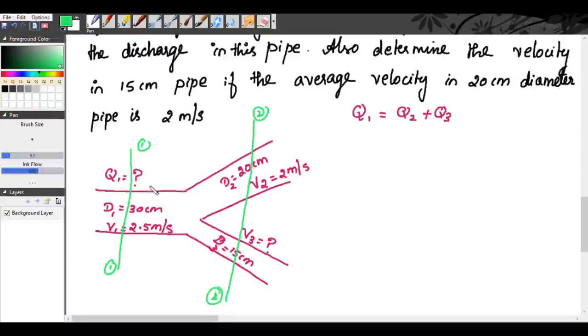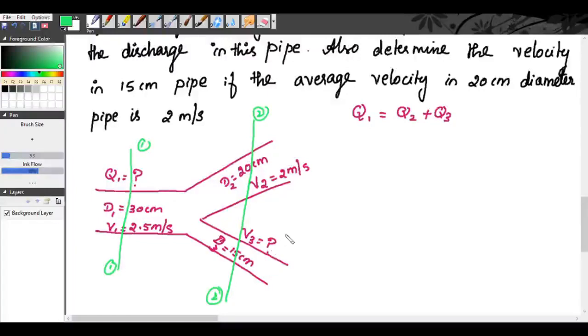Okay, so we know the discharge at section 1 will be equal to discharge at section 2. That means here Q1 is equal to Q2 plus Q3. Discharge in the larger pipe Q1 will be equal to the summation of the discharge in the branched pipes. That is the meaning of that.